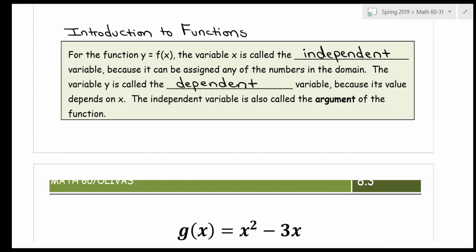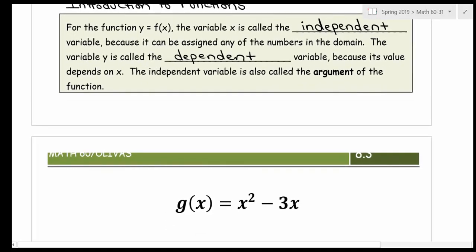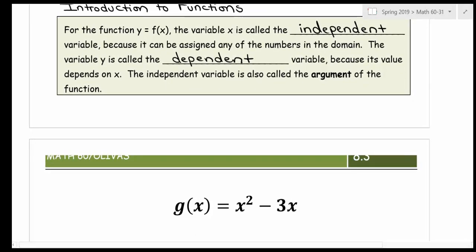All right, so I have an example right here, and we're going to be looking at this example. The x's here represent the independent variable. So this x, and this x right here, these all represent our independent variable.